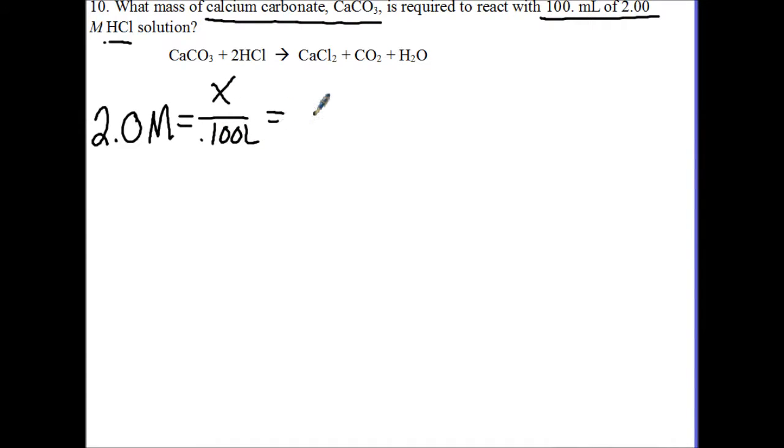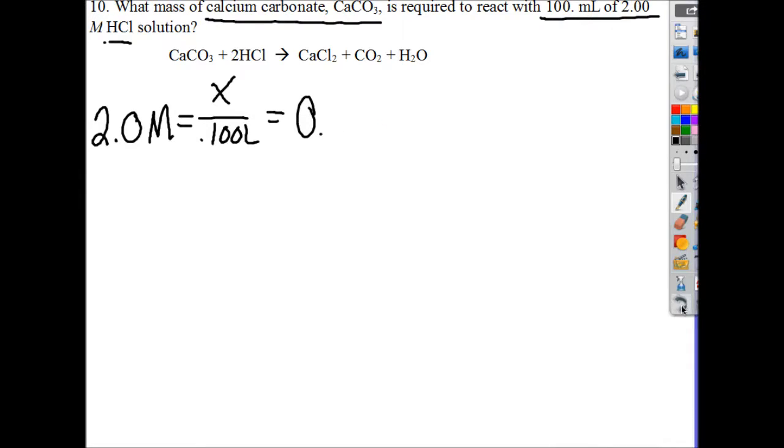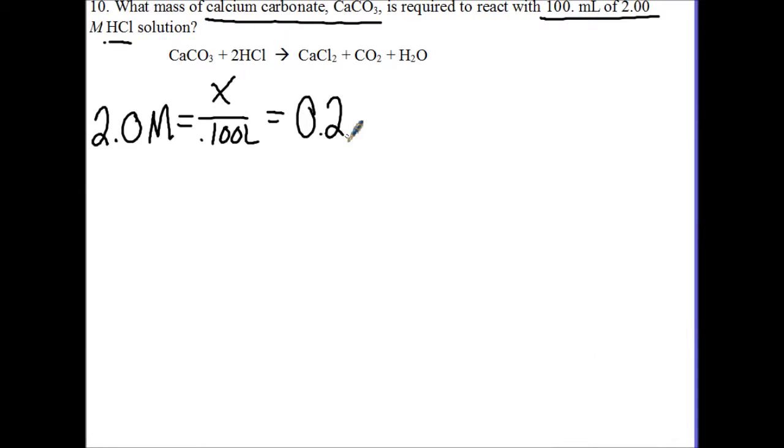That gives us 0.0, nope, sorry, too many zeros. 0.2 moles HCl, and then I'm just going to follow my units.